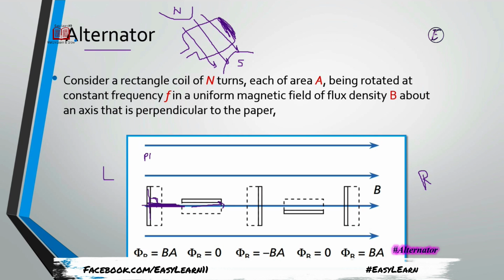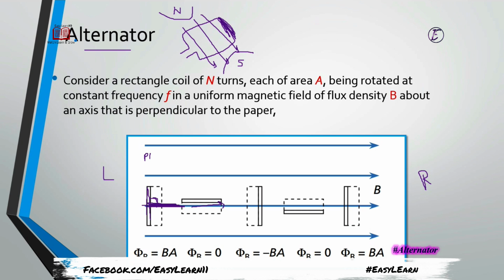At this point, when the angle is 0, the magnetic flux becomes maximum, because the formula is flux equals BA cos theta. The magnetic field lines make an angle of 0 degrees with the normal to the surface of the coil. This means theta equals 0, so cos 0 equals 1, and cos shows its maximum value of 1 at 0 degrees.